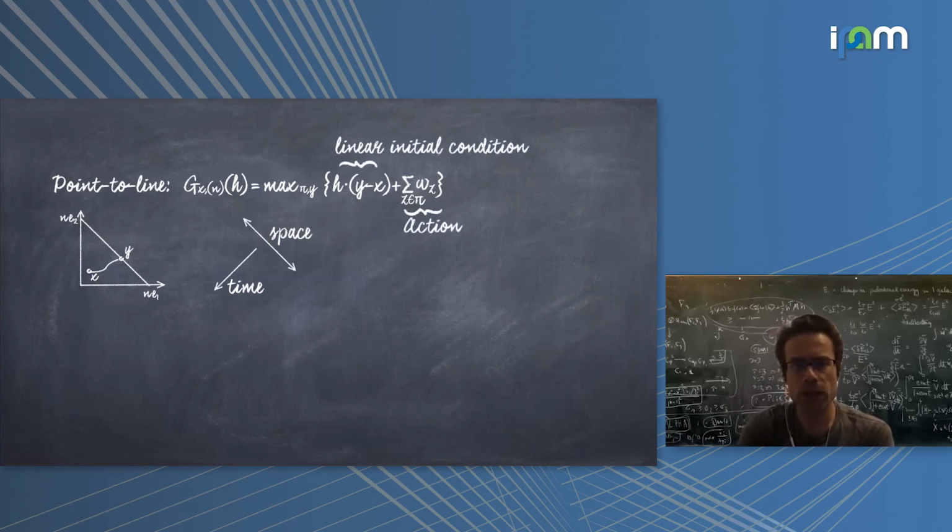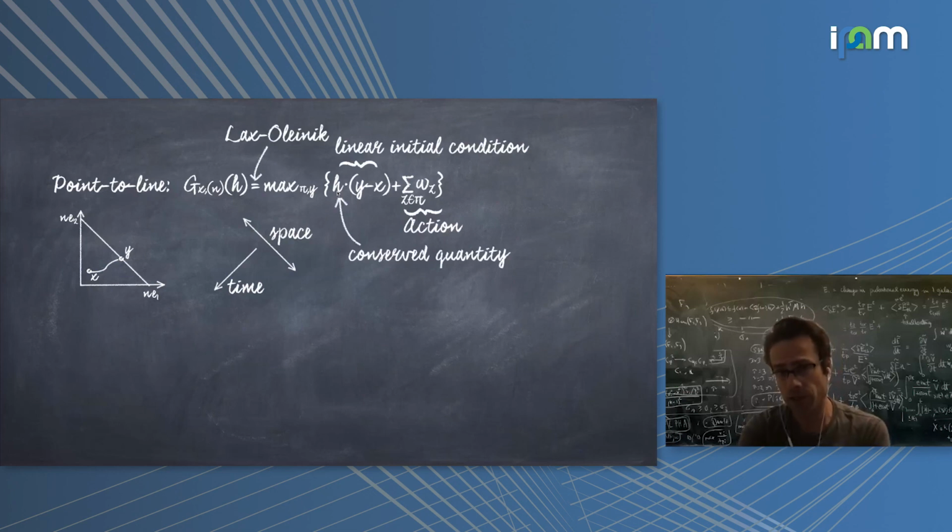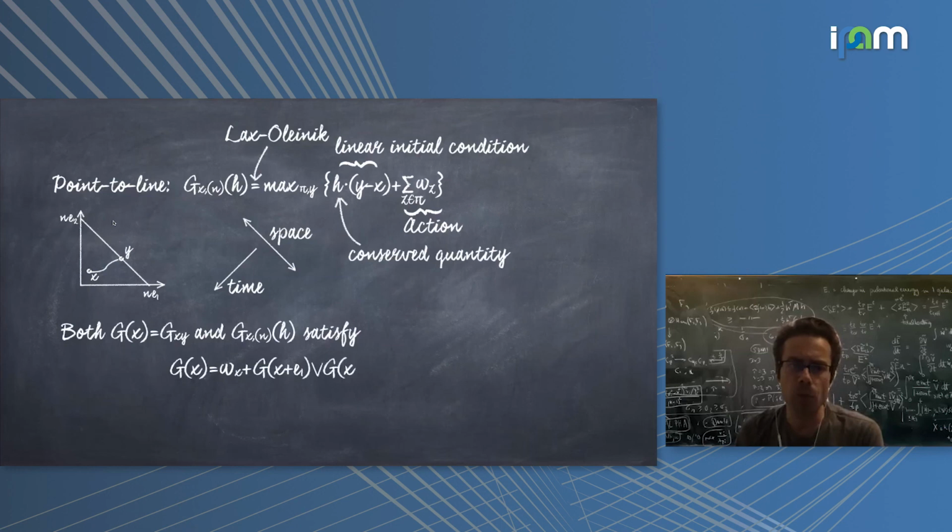So linear initial condition and an action, and this should remind you of the Hopf-Lax formula, except we have max here, just because we maximize over passage times. But I could replace the omegas by minus omegas, then I'd be minimizing, and it would be first passage, and this would be minimum. Then the H is playing the role of the conserved quantity, because it's telling you the spatial rate of growth of the initial condition.